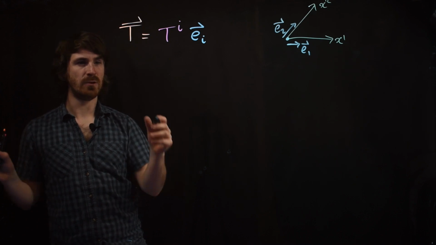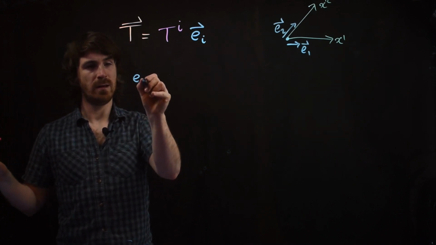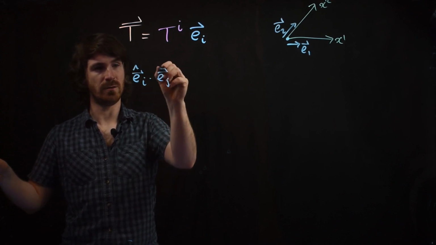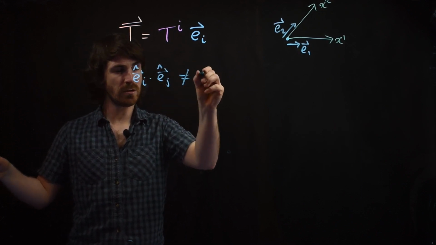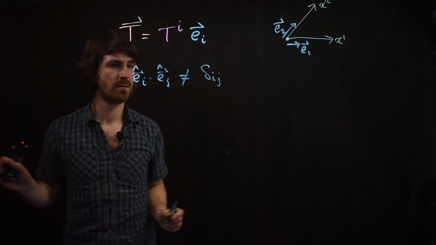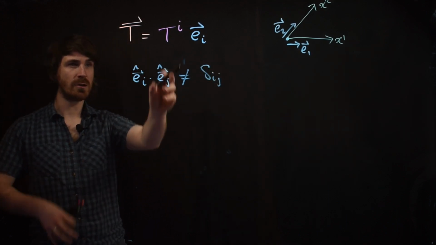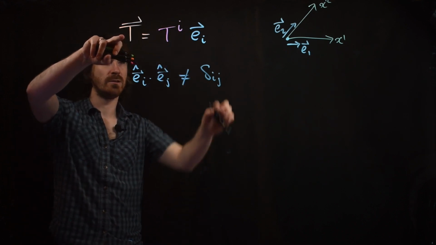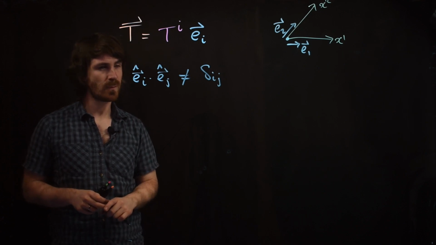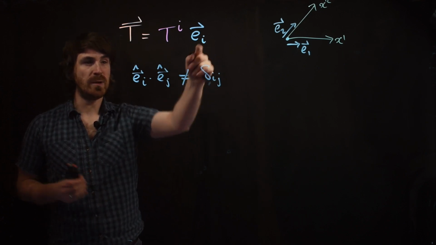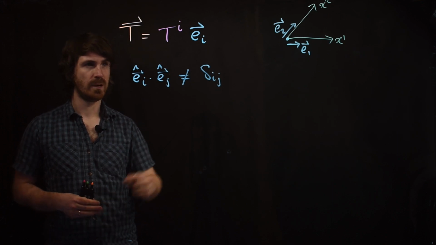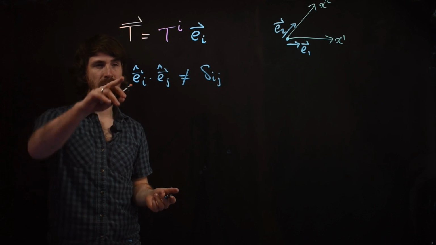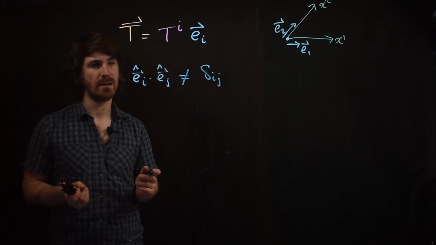So in this more general case, e_i dot e_j, and let's make these unit vectors, is not equal to delta_ij. So we have to work harder now to get the components t^i if we know the vector and the basis. And knowing the basis just means choosing a coordinate system, because the basis comes with the coordinate system. So how do we get the components t^i?